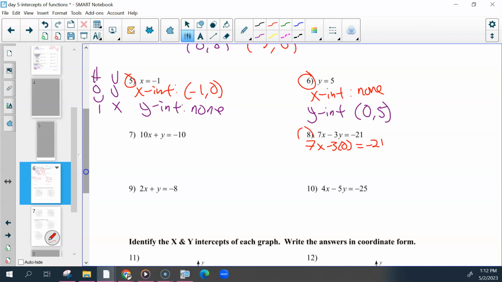I would still put 0 in, but because I know that's going to be 0, I don't need to put that. I'm just going to skip to the 7x equals -21 and solve. What would our x value be? -3, 0.